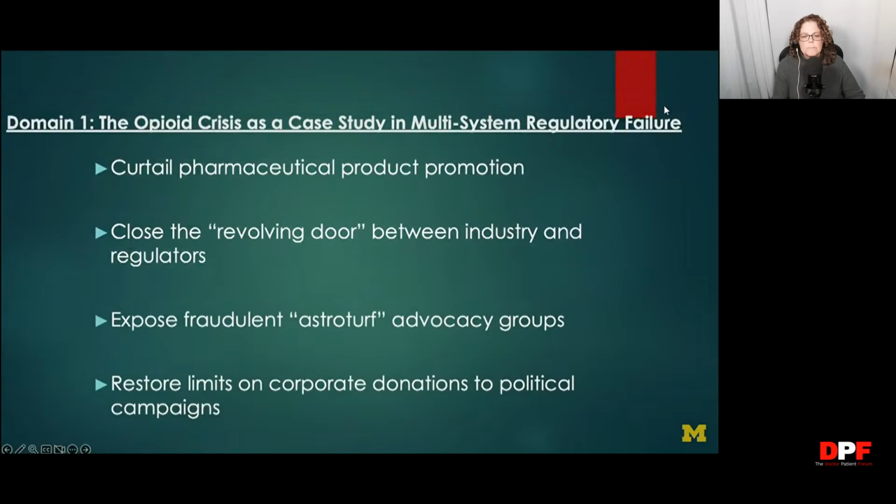So what should be done about this? We have a lot of recommendations, but here are some of the big ones. To really curtail pharmaceutical product promotion. There are countries where they just don't do that. Like in Germany, a doctor cannot accept anything that could influence prescribing or anything that looks like it might influence prescribing, even just looks like it.